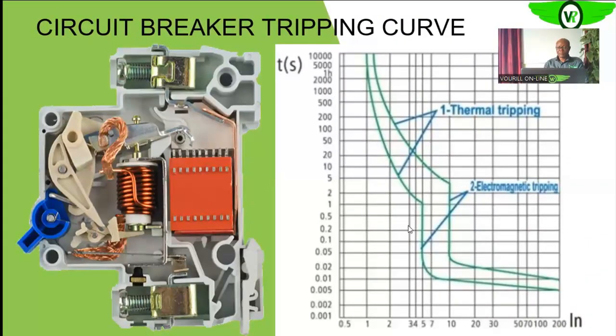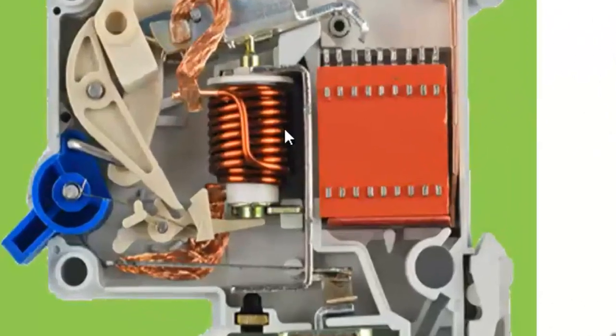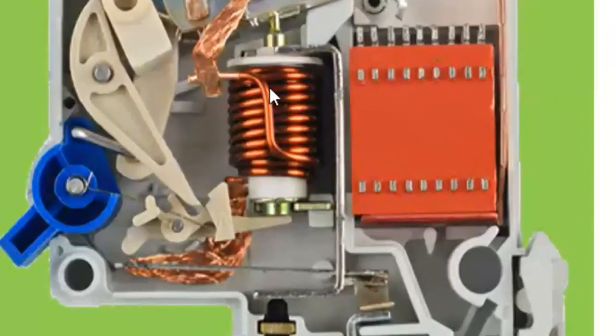Then this section, as you can see, the electromagnetic trip section, is the section that is handled by the magnetic tripping element of your circuit breaker.